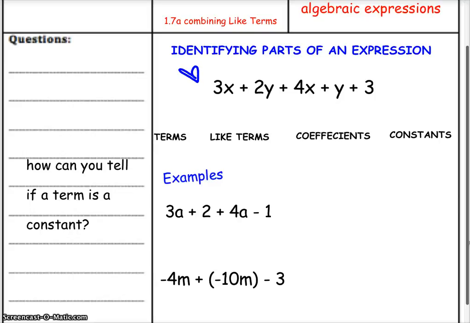The terms are everything besides the operation symbol. So it looks like I have a 3x, I have a 2y, I have a 4x, I have a y, and I have a 3. Those are my terms. Okay, write this down.